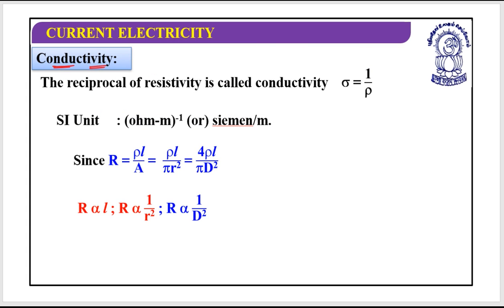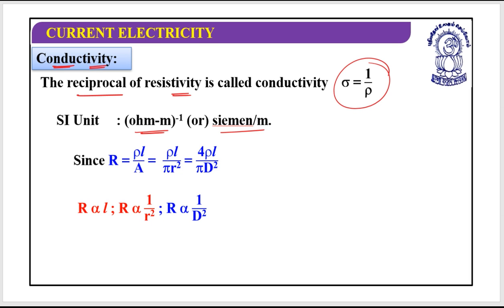We have done resistivity, and now we are switching to conductivity. Conductivity is the reciprocal of resistivity. Its SI unit is ohm-meter inverse, or we can say Siemens per meter.